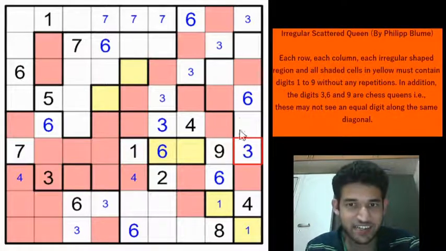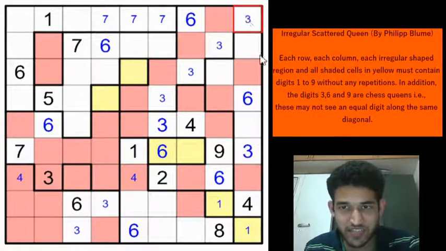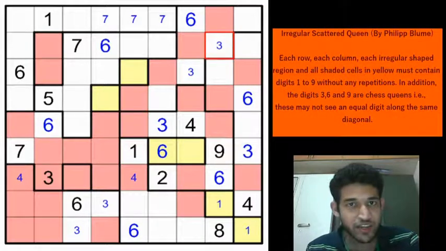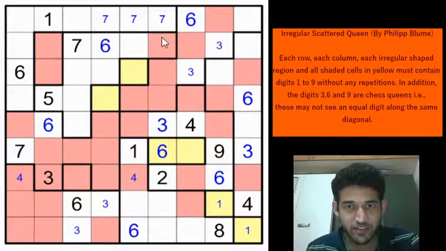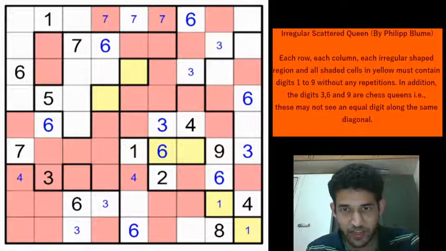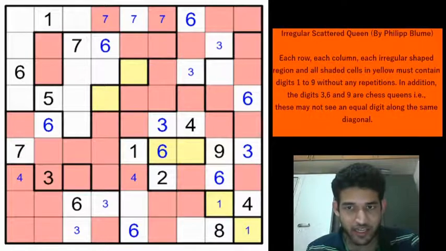Now we have started a chain reaction again. So the 3 is eliminated using this 3, and this 3 is also eliminated. Now we have 3 in one of these 2 cells only, and we can highlight some more cells in red. These cells can't contain a 3, and using this 3 we can use the diagonal property and eliminate these cells as 3. We can't have a 3 anywhere here, right? And you can't have a 3 here also.